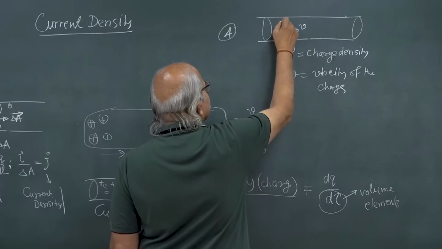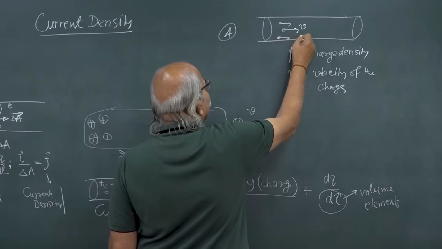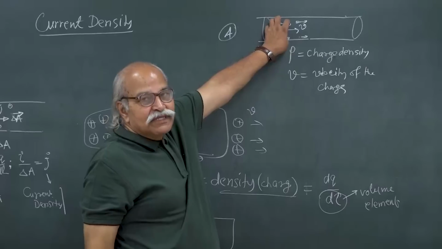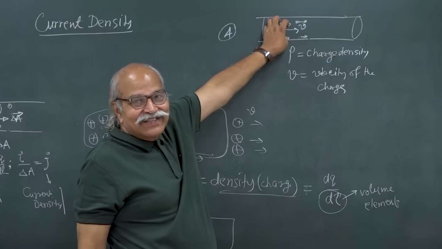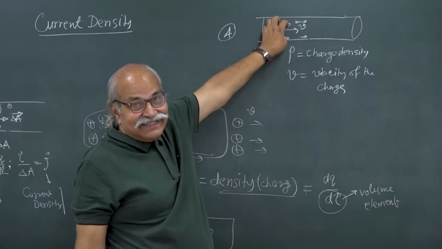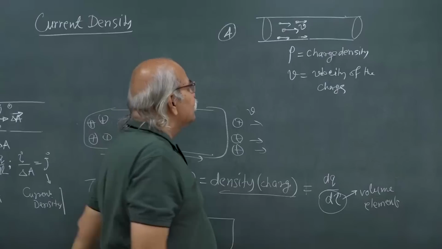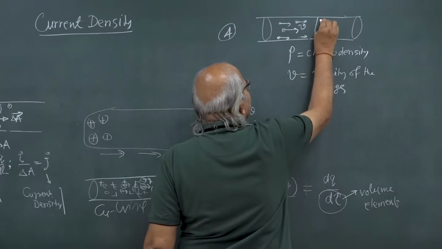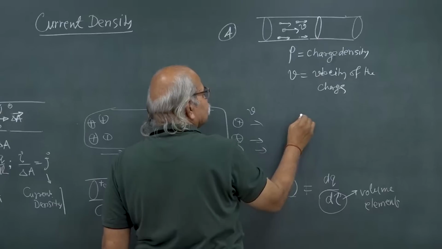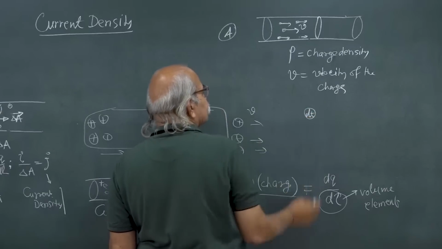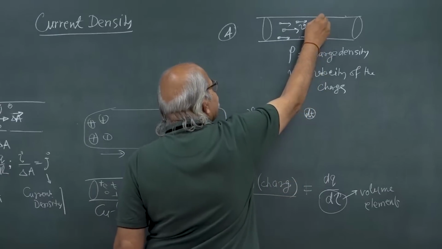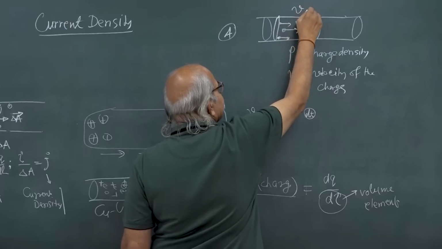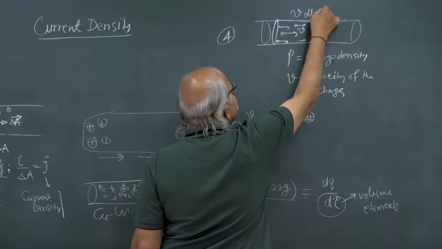So you have charges, and all the charges are moving in this direction, and the total charge per unit volume is rho, and we are asking how much is the current or current density. So we can do it. Consider this cross section here, and then take some time dt and construct a length V dt.